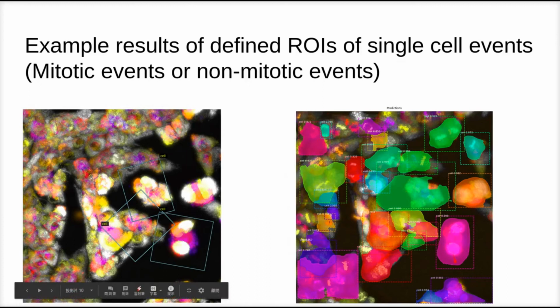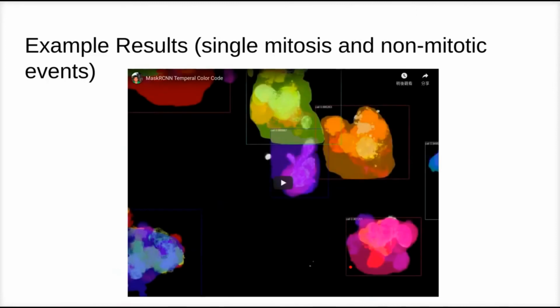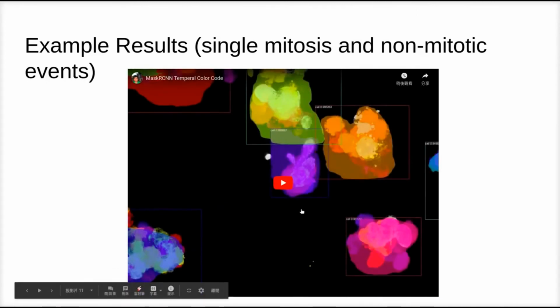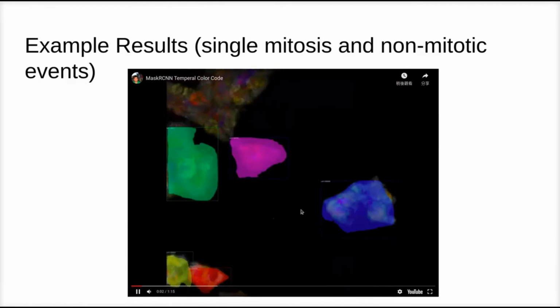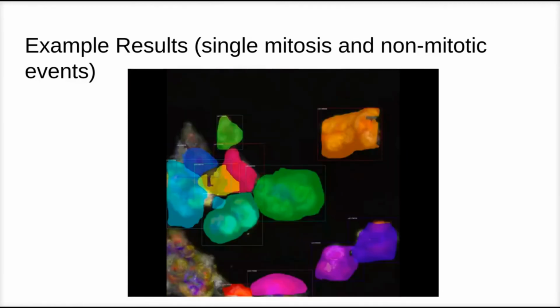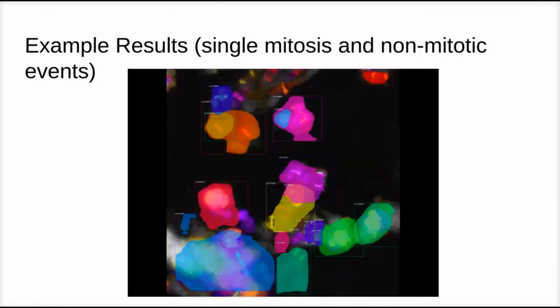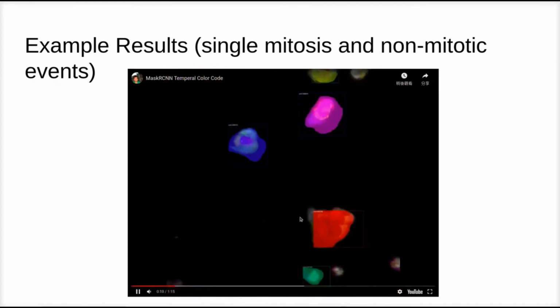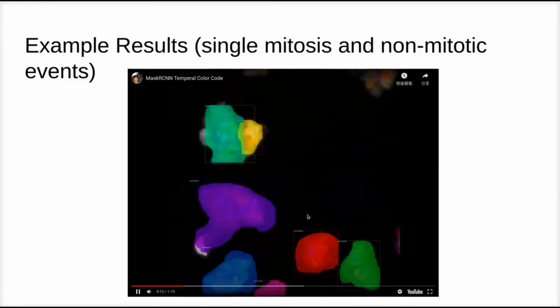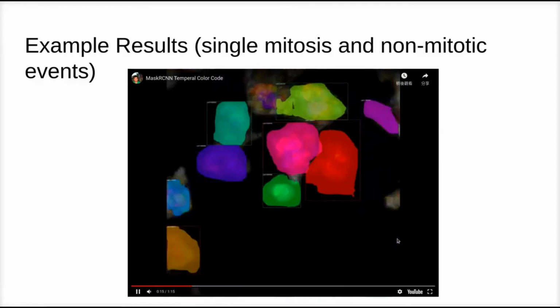Here are the example results, single mitosis and non-mitotic events. As we can see, most of the pictures catch the ROI accurately, but a few of them are duplicated and have an error. And this one is the MaskRCNN result for the single cell segmentations.